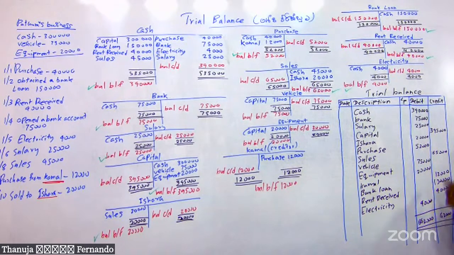This one, 390 plus 395 plus 65,000, 460, 460 plus 500, then 650, 662, right? Both sides, the balance of both sides are the same, 662 for the debit side and 662,000 for the credit side.